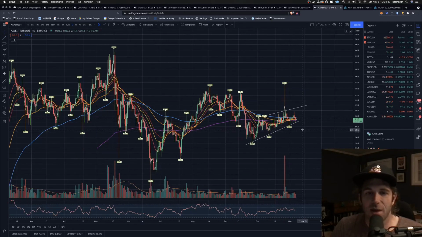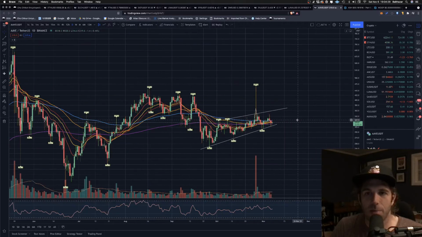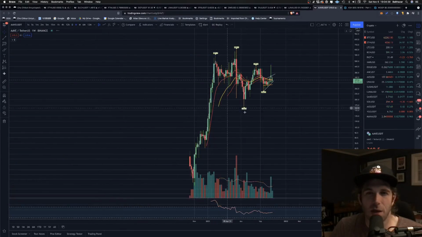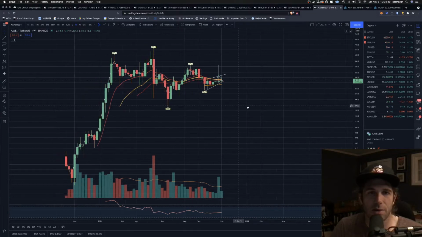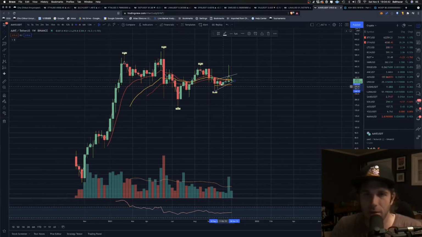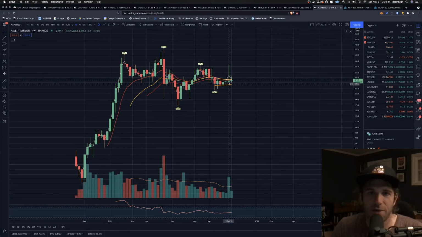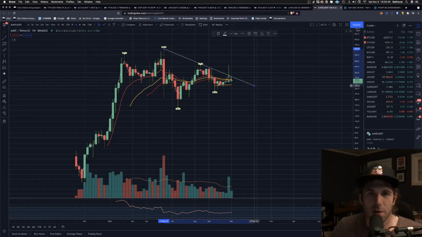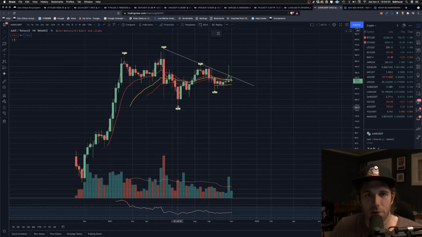This is a name where it feels like we are basically trading sideways. The fact that it has a bit of a look of a rising wedge is making me hesitant to want to enter long here. And looking at the weekly is basically further confirmation that we're probably dealing with a tightening range, equilibrium type pattern, sideways trading.